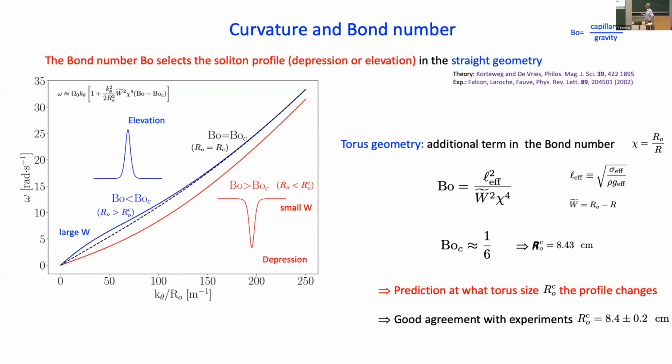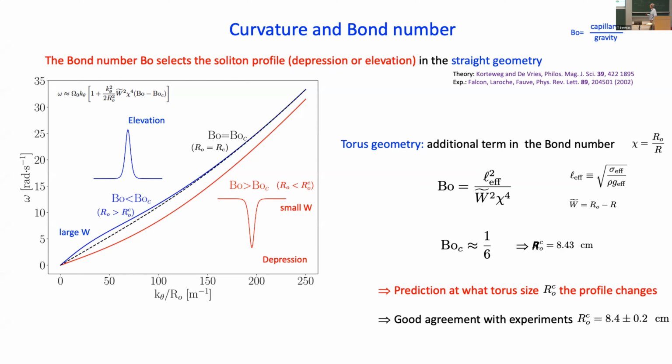The Bond number selects the soliton profile, as I explained previously, in the straight geometry, and in the torus this is roughly the same. Typically, there is just this curvature K that appears, and also for the critical Bond number, instead of being 1/3 for the straight geometry, this is 1/6.